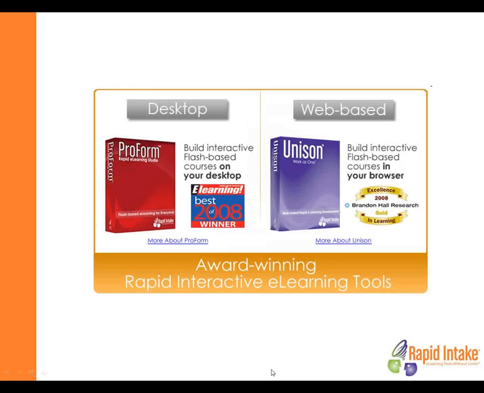So as you probably know, we have two products, ProForm and Unison. ProForm is the product that will let you build interactive Flash-based courses on your desktop, so a desktop product, and Unison is the web-based application. Unison is designed to be a little bit more collaborative in nature.